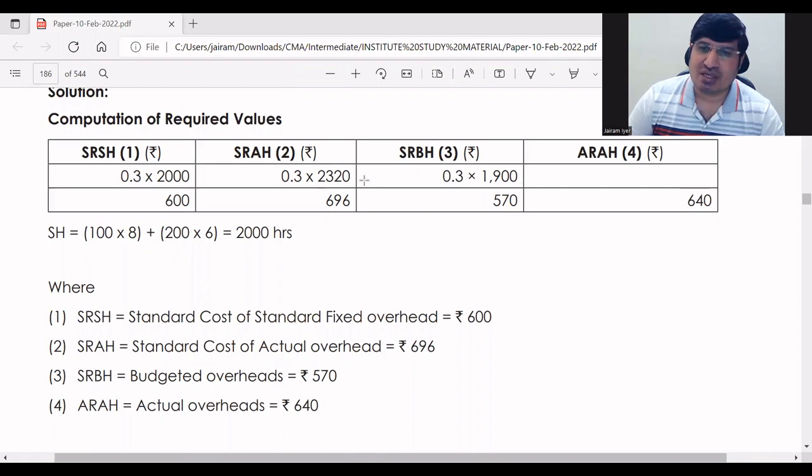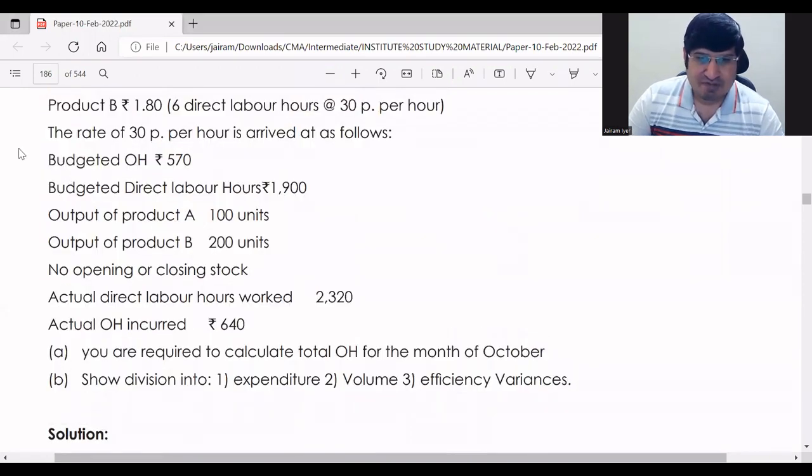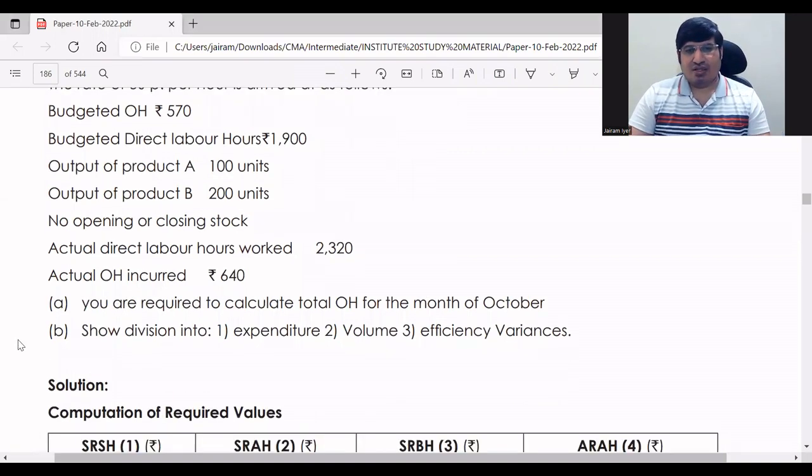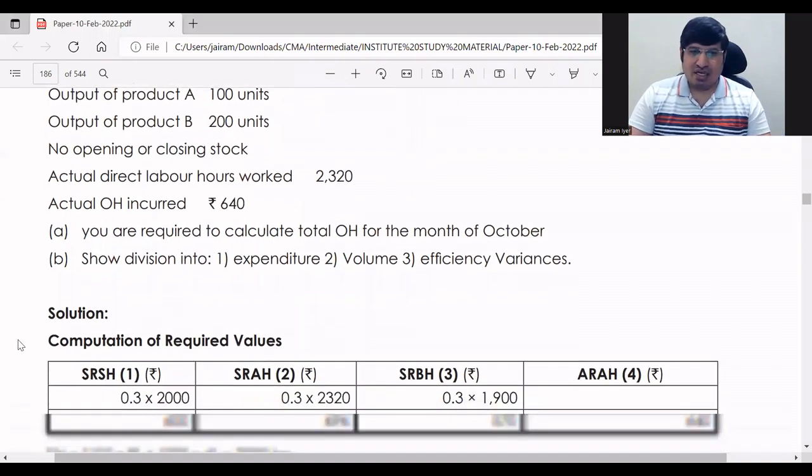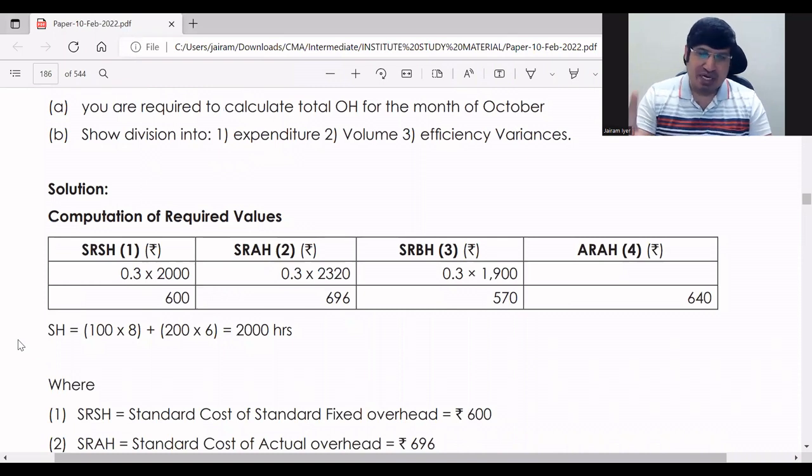You don't have to do anything. Let me show you, let's go up. See here. 2320. Okay, right. So it is clear now, our table is ready.